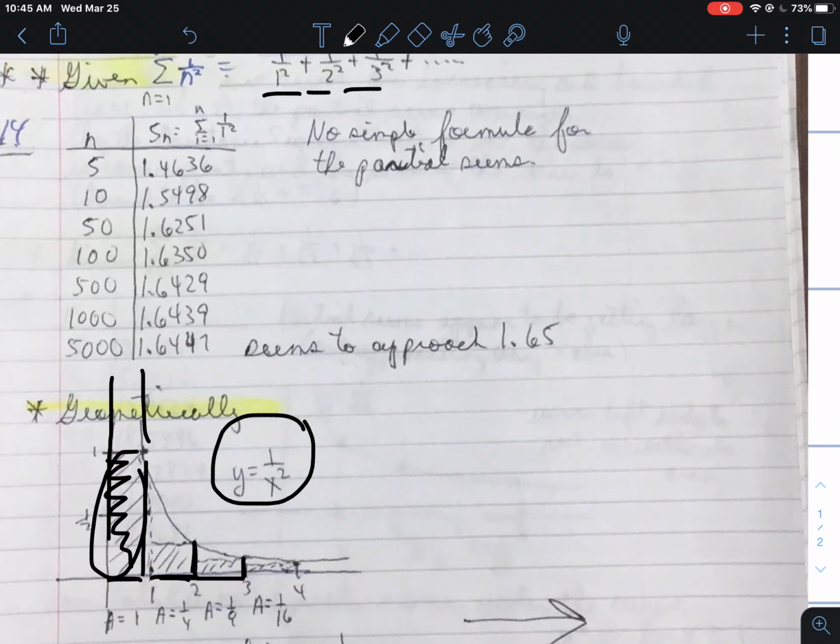Because each of those rectangles is an under approximation of the area under the curve. And so if we look at the integral from 1 to infinity of that curve 1 over x squared, whatever that area is, it's going to be larger than the sum of the areas of each of those rectangles. And that again is obvious because the rectangles are below the curve. So keep that in mind as we go over to our next slide.